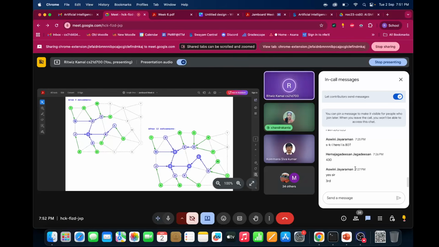So K is in the kernel in this case, L is also in the kernel, O is also in the kernel, and S will be in the boundary. S cannot be in the kernel, and the rest are in the open list. So does that clarify how we categorize nodes as kernel and boundary? Yeah.